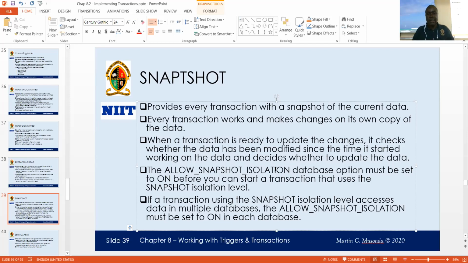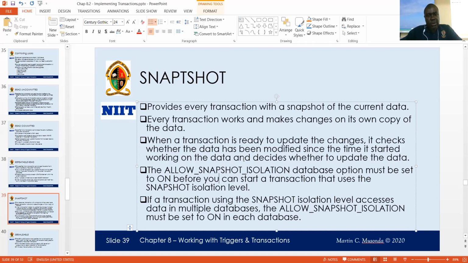When a transaction is ready to update the changes, to commit the changes, it checks whether the data has been modified since the time it started working on the data. And if that has happened, it will decide whether to update the data or not.